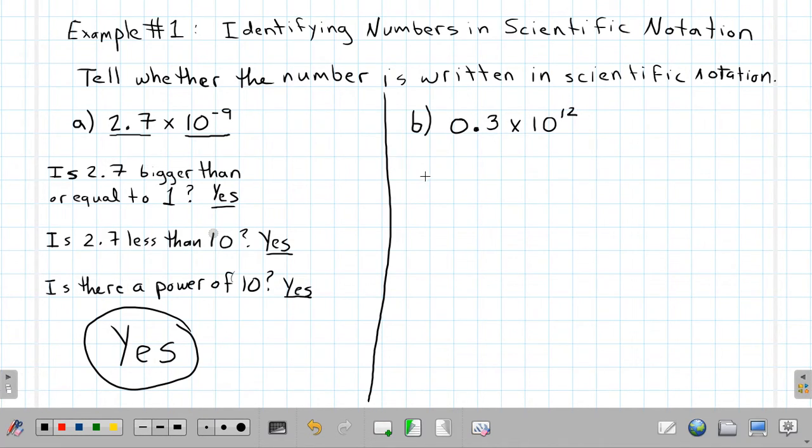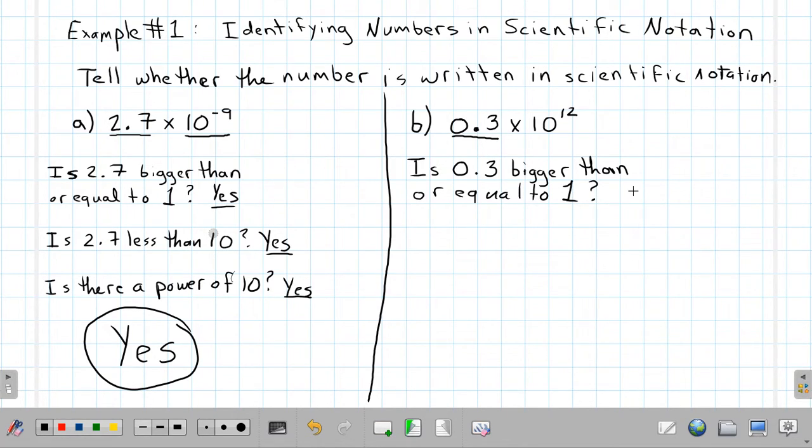Let's ask the same three questions here. First off, we need to look at this first number. It's a 0.3. So we ask, is 0.3 bigger than or equal to 1?